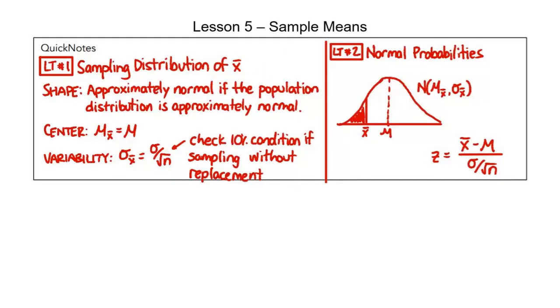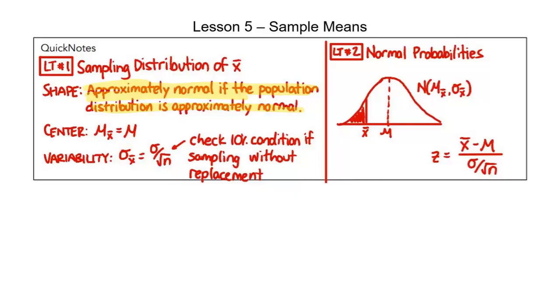Quick notes. Sampling distribution of X bar. If the population distribution is approximately normal, then my sampling distribution will also be approximately normal. You do not have to check large counts. The mean of X bar is whatever the mean of the population is.